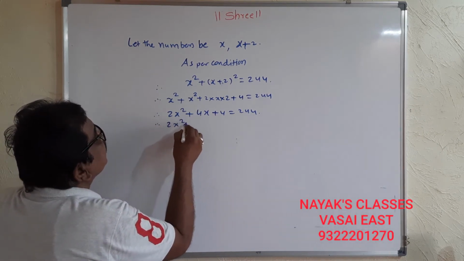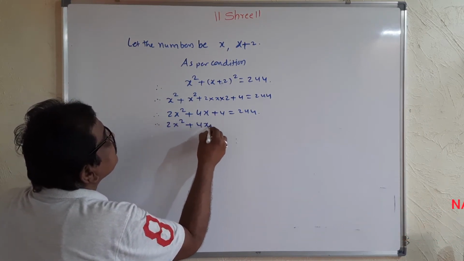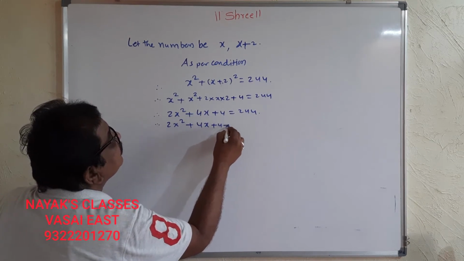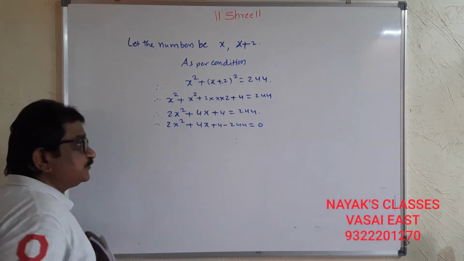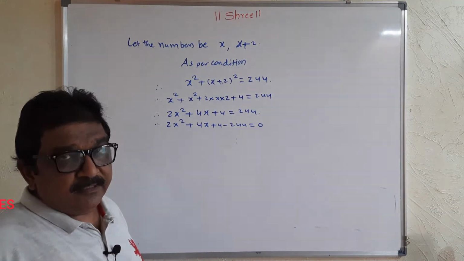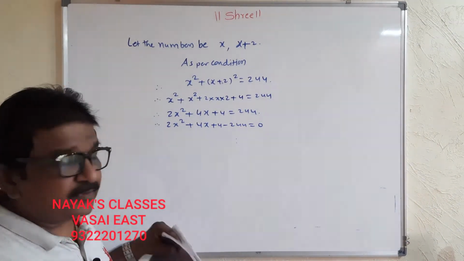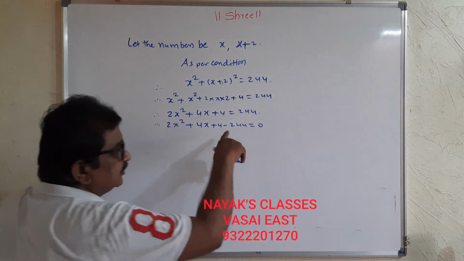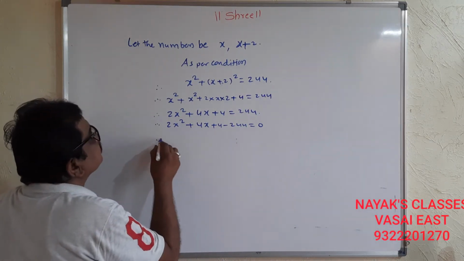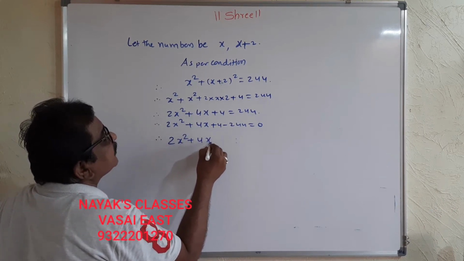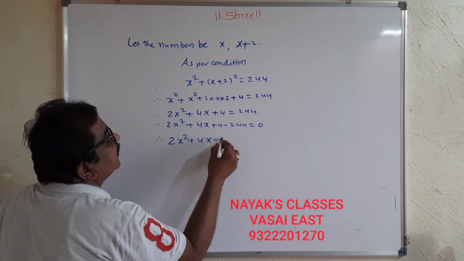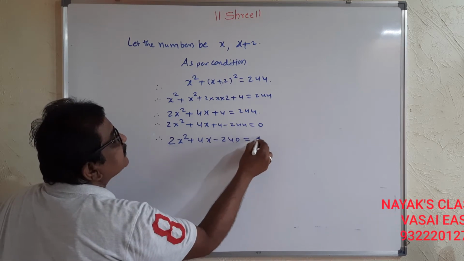So this will be 2x square plus 4x plus 4 minus 244 is equal to 0. That 244 came to the left hand side. Sign changing is important. Therefore, 2x square plus 4x minus 240 is equal to 0.